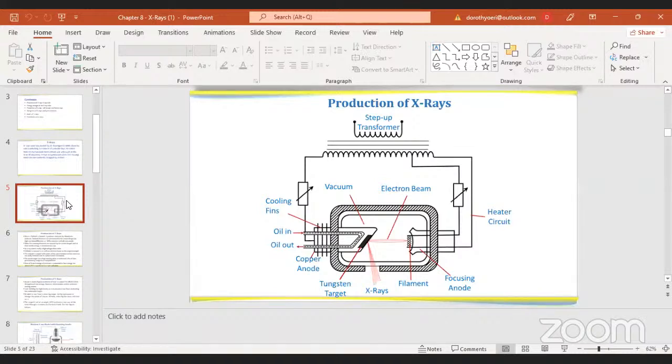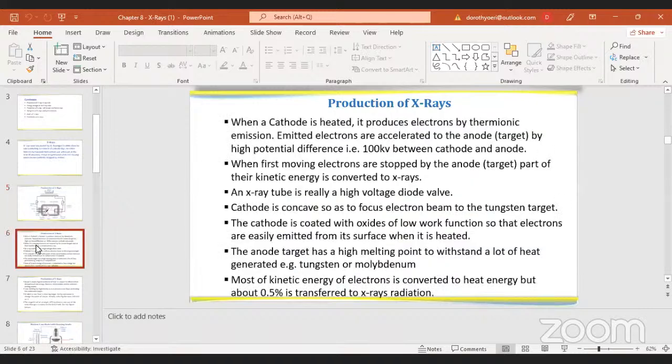When the fast-moving electrons are suddenly stopped, then we end up with X-rays. Now, the metal used as the target, in this case, is tungsten. There's another type of metal. It must be of a high melting point because the amount of energy being produced when the electrons are suddenly stopped is very high and can melt.